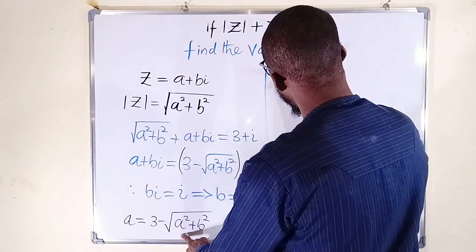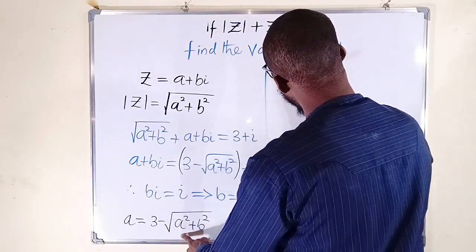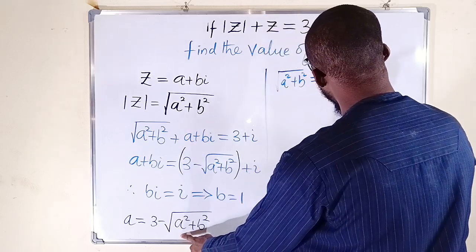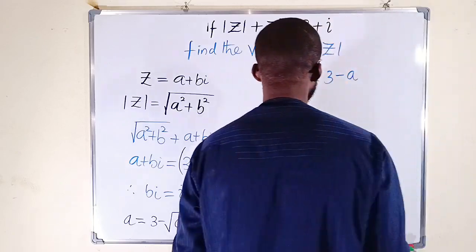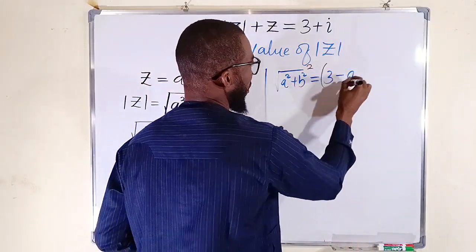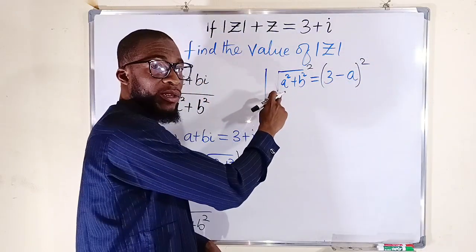The square root of a squared plus b squared is equal to 3 minus a. So from here we can square both sides. If you square this, you have to square the other side just to eliminate the square root.